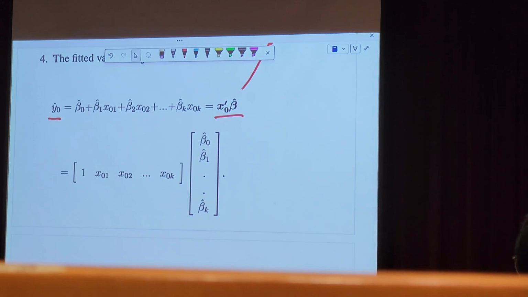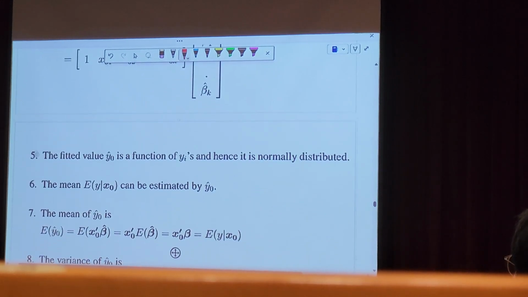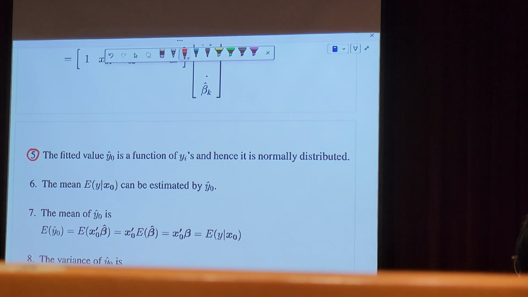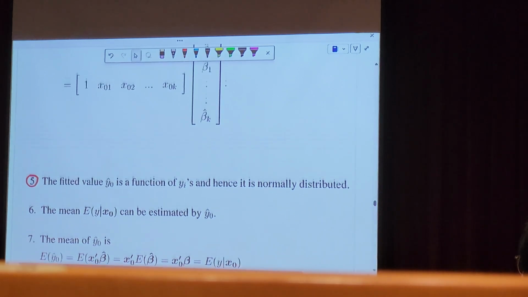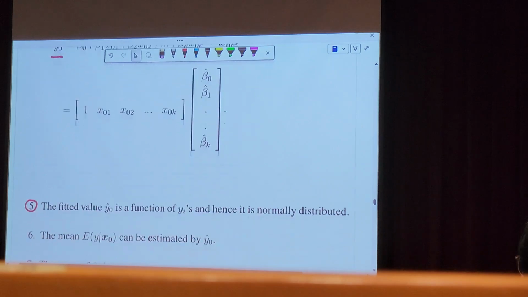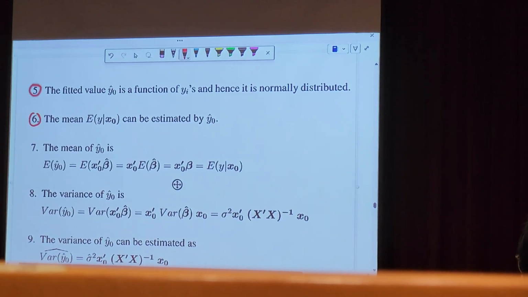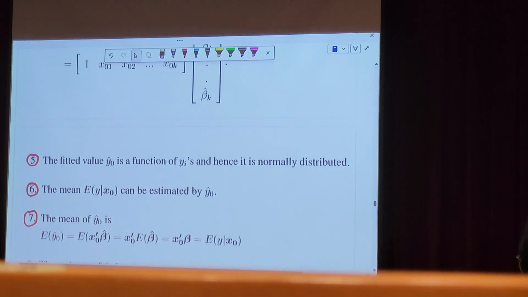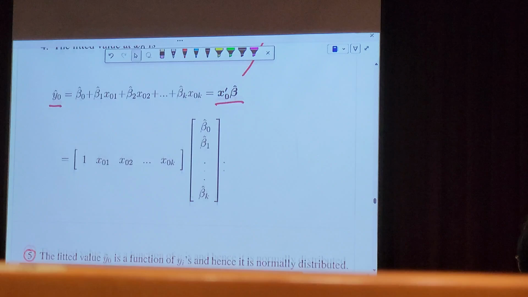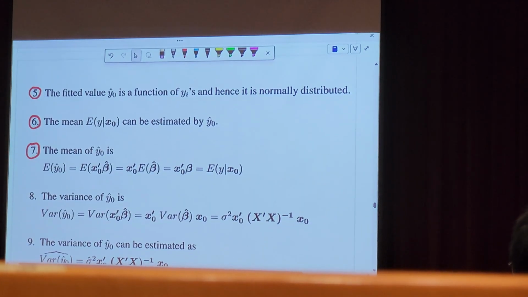So, first of all, note that this fitted value is a function of y, so it must be normally distributed. And we are estimating the mean with y naught hat, as I have pointed out here. So what's the mean of y naught hat? Well, let's try to calculate it.